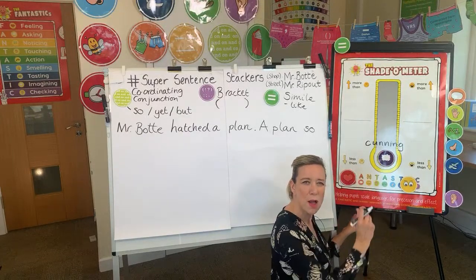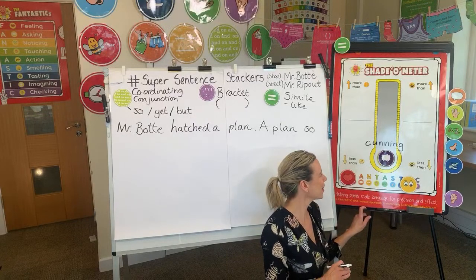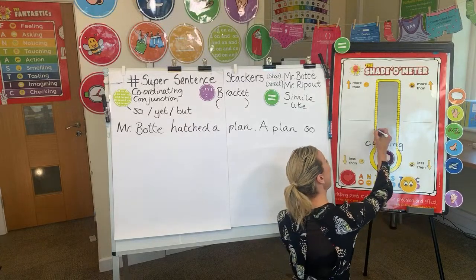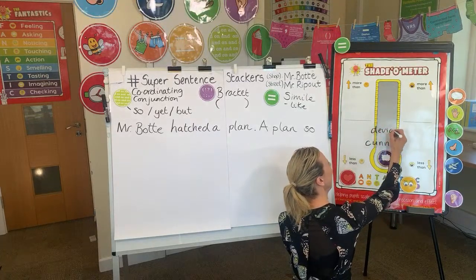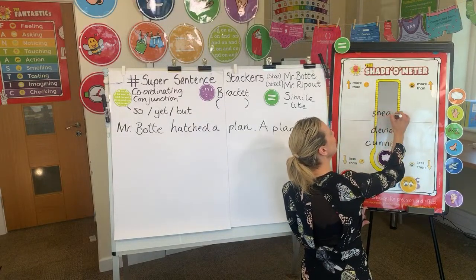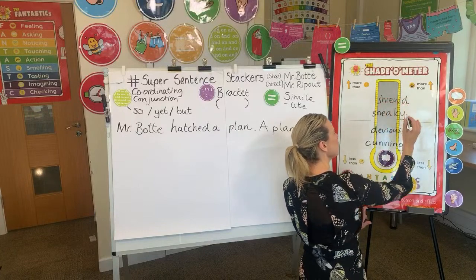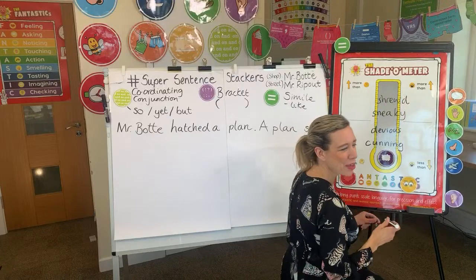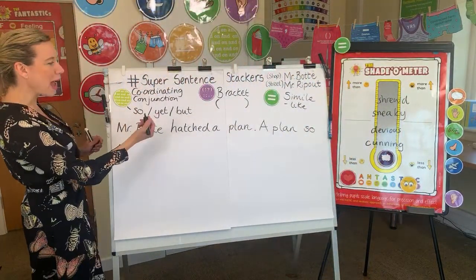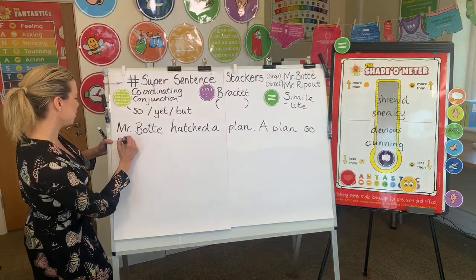So I'm going to do some thesaurus thinking now to get some more ideas. Cunning plan, a devious plan. That's a good word. A sneaky plan, a shrewd plan. I love the word shrewd. I think I'm going to use that. Mr. Bot hatched a plan so shrewd.